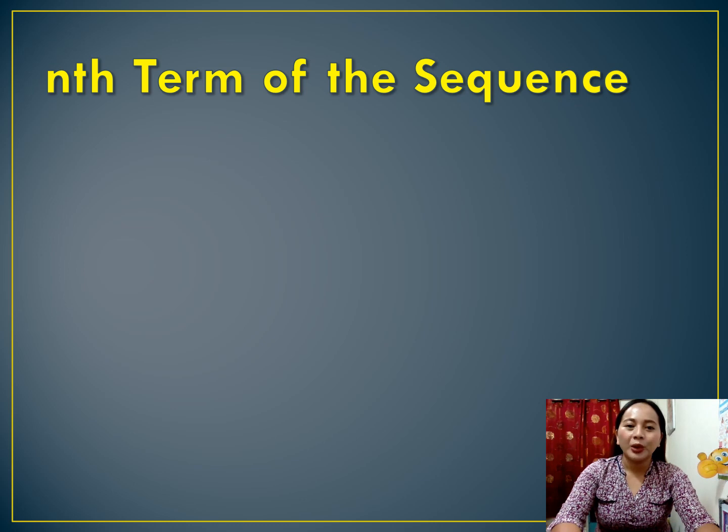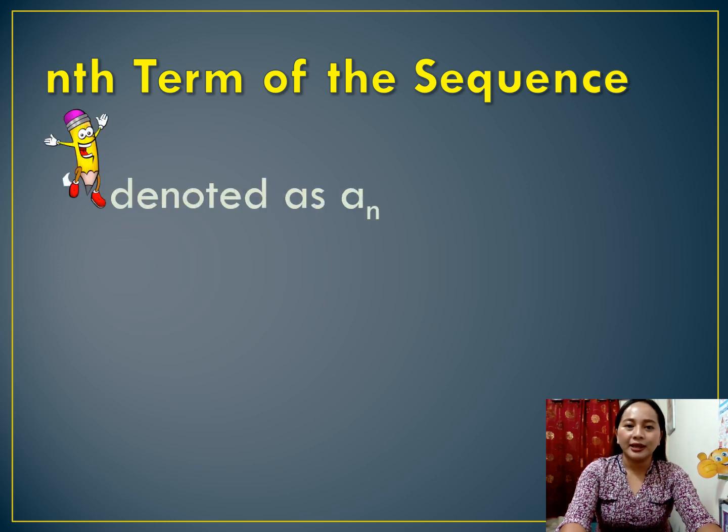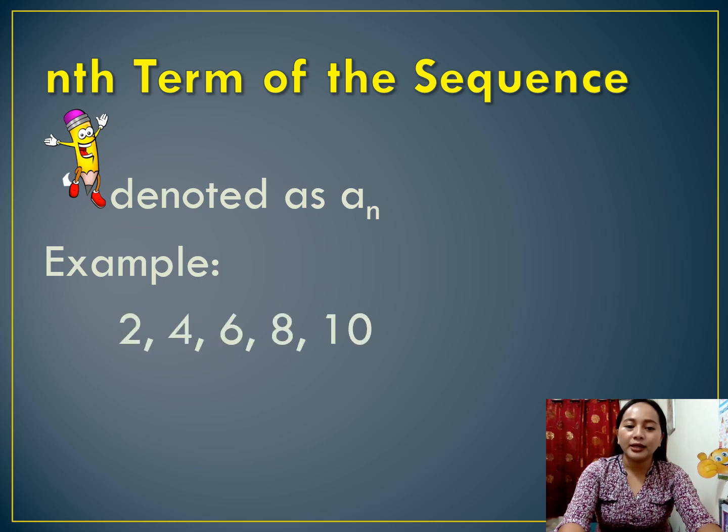And at this time, we will familiarize the nth term of the sequence. That is denoted as A sub n. Example, in the sequence 2, 4, 6, 8, 10. 2 will be denoted as A sub 1, meaning that is our first term, and our n is equal to 1. 4 will be our A sub 2, that means our second term. 6 will be our A sub 3, that will serve as our third term.